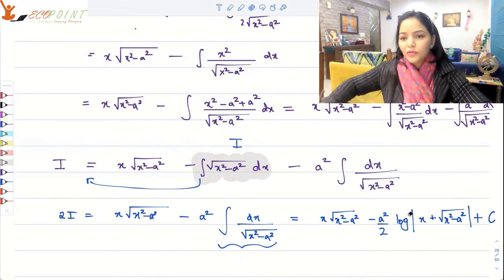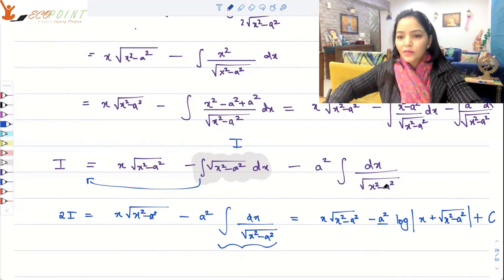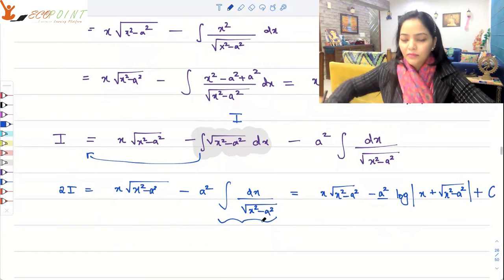Sorry, not 1 upon 2, not right now. I've not taken 2 down here. So it's going to be log x plus square root of x square minus a square plus c.